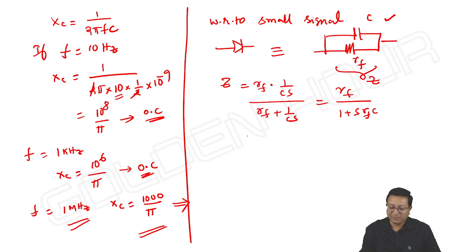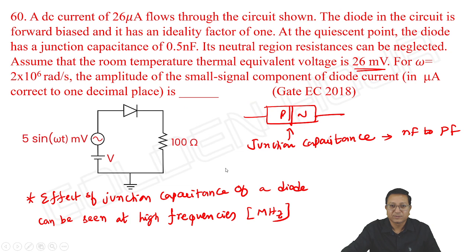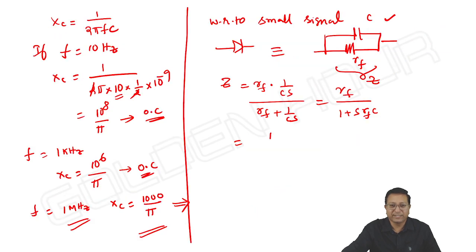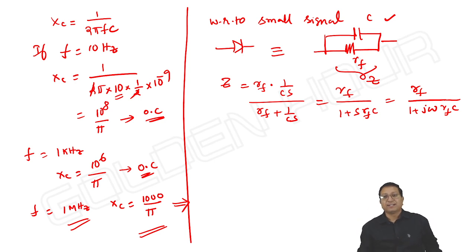If I substitute the values of RF, we need to find it, of course. Okay, let us find all those things. Not a big deal. Or RF by 1 plus J omega RF into C. Okay. With respect to small signal, this is the equivalent circuit.